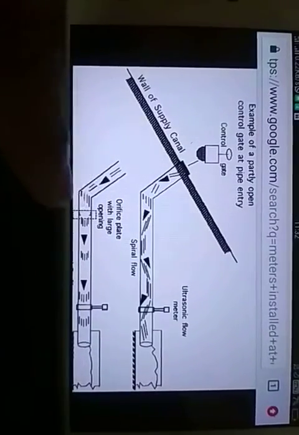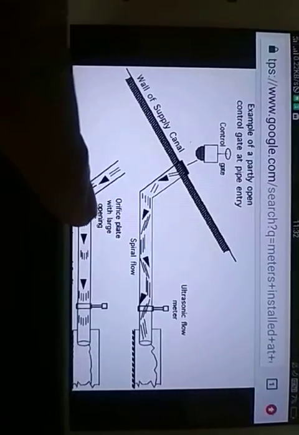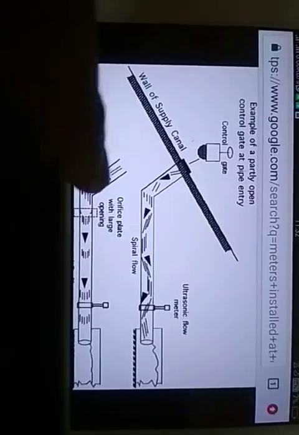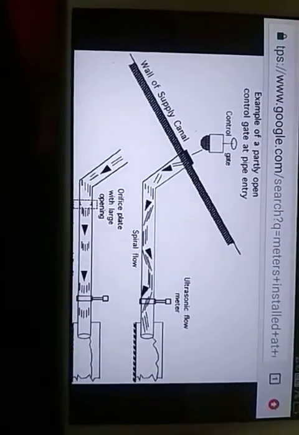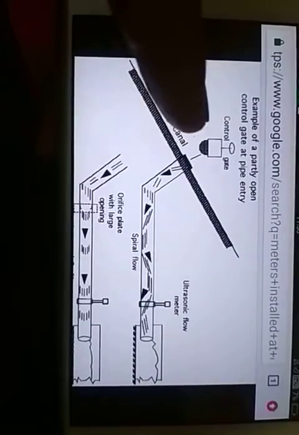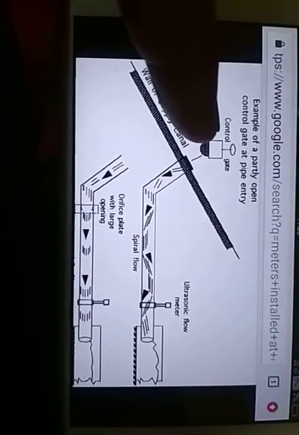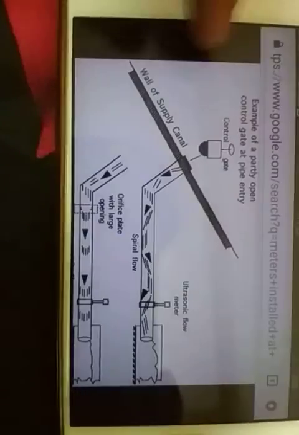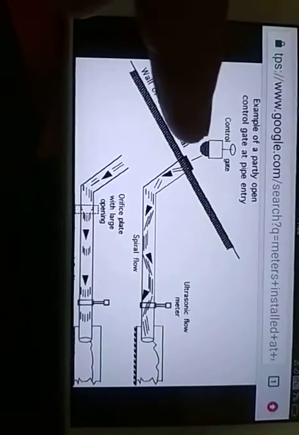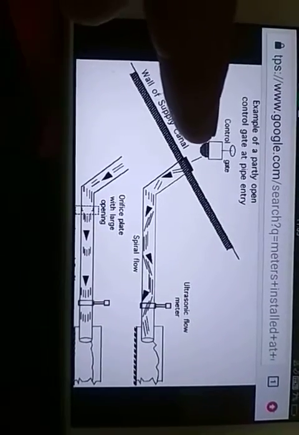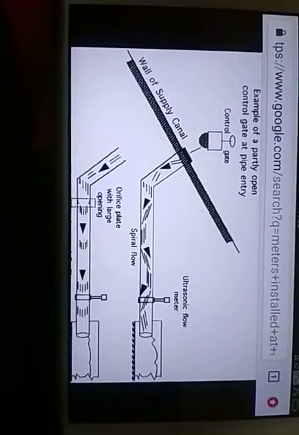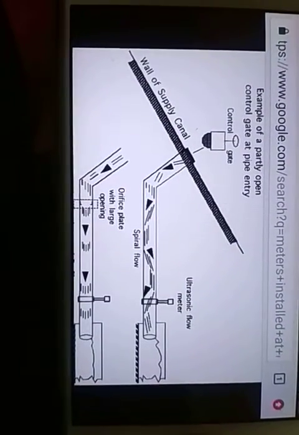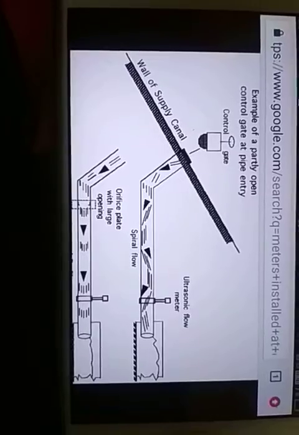An orifice meter is also installed here for laminar flow of water, and a control gate is here to control the discharge of water from the upstream side to the downstream side. So these are all the arrangements of volumetric assessment.